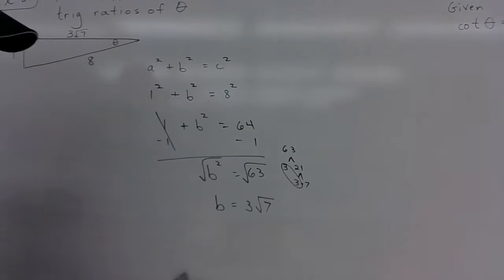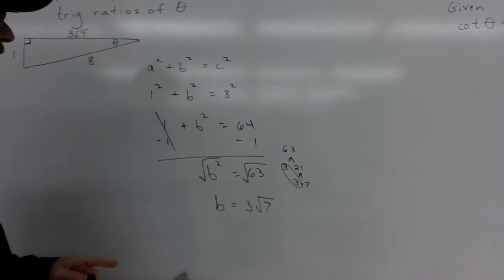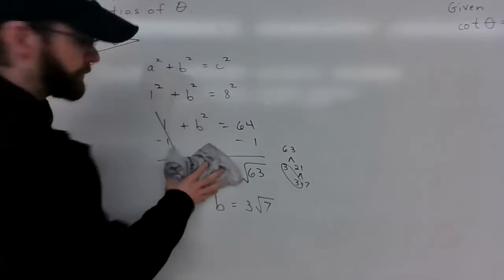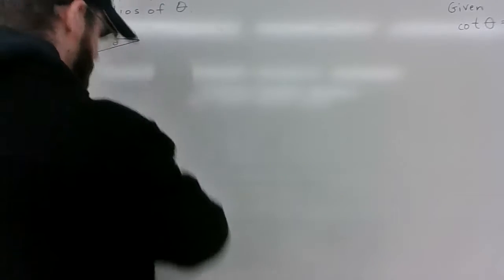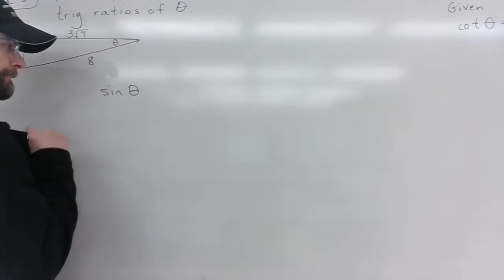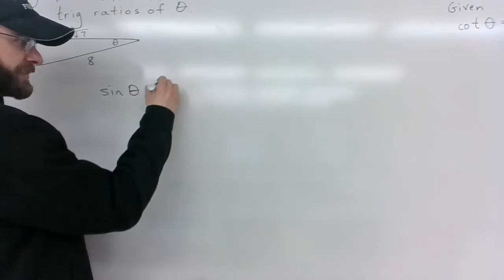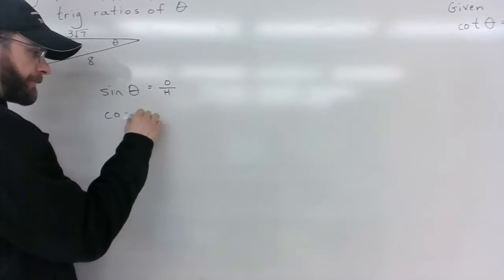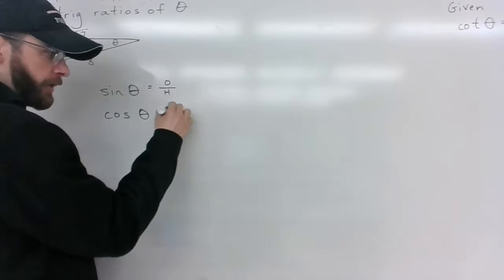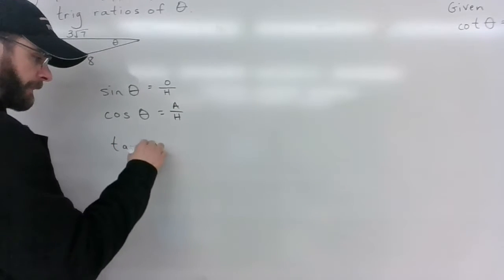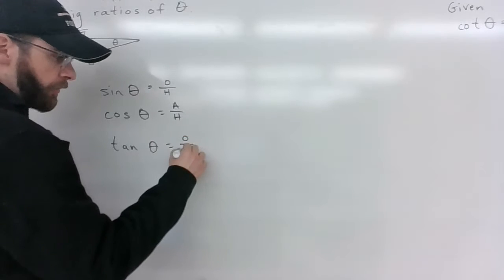All right, great. Now what we need to do is determine the 6 trig ratios. To give us some room, I'm going to erase this. Remember, we had sine of theta, which is the opposite over the hypotenuse, cosine of theta, which is the adjacent side over the hypotenuse, and tangent of theta, which is the opposite side over the adjacent side.